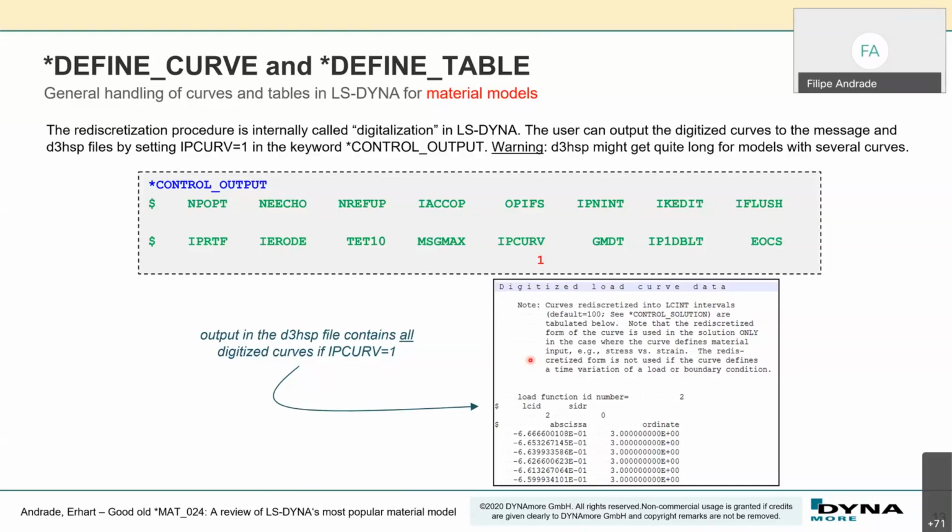For hardening curves, probably that doesn't play much of a role. The rediscretization is normally fine, but I see a bigger effect when people try to put a limit on a curve. This is typical, for instance, for the strain rate dependence of the failure, where you have the failure up to, I don't know, a strain rate of 1 or 100, and then you want to keep the strain rate dependence from 100 and above constant.